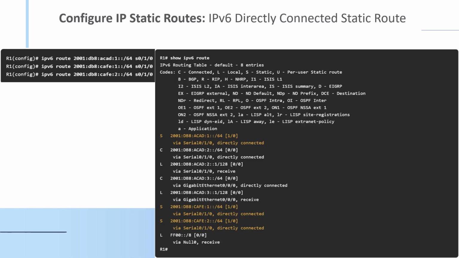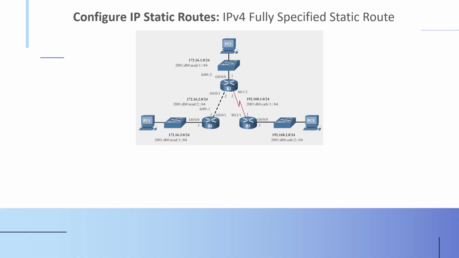And the last option is where we configure a fully specified static route. We will configure this for both IPv4 and IPv6 networks. Again, we will follow the dual stack topology. The difference between an Ethernet multi-access network and a point-to-point serial network is that a point-to-point serial network has only one other device on that network, the router at the other end of the link.